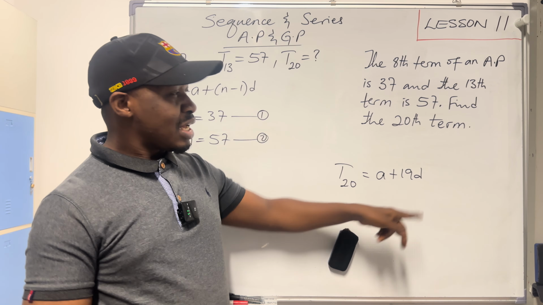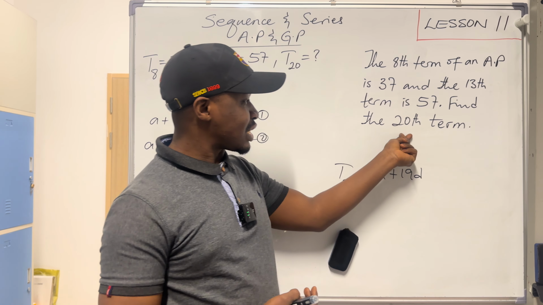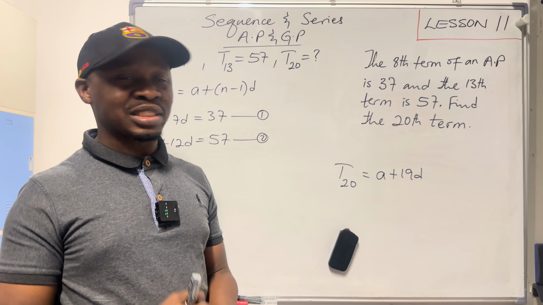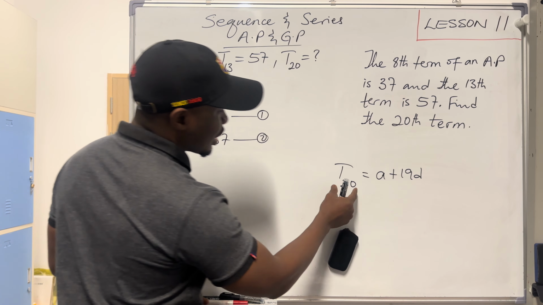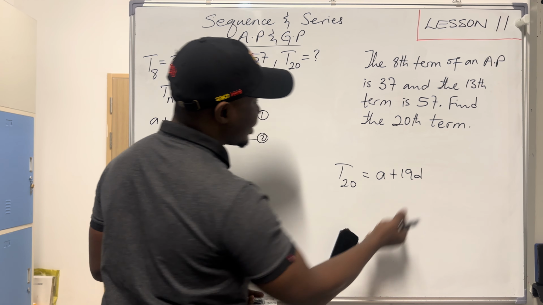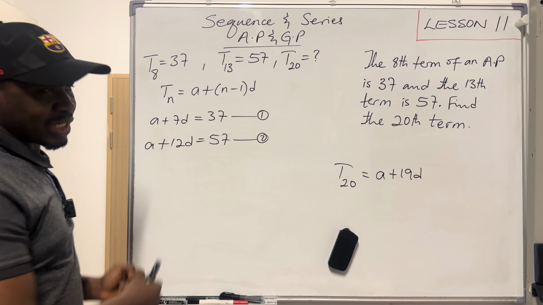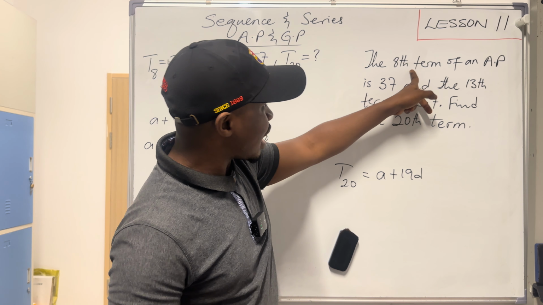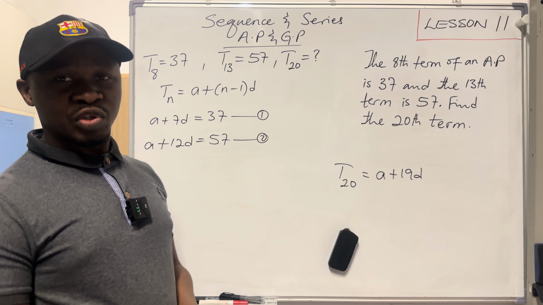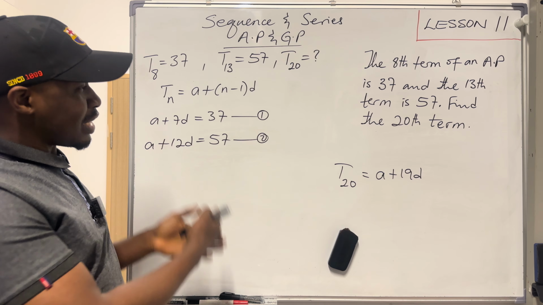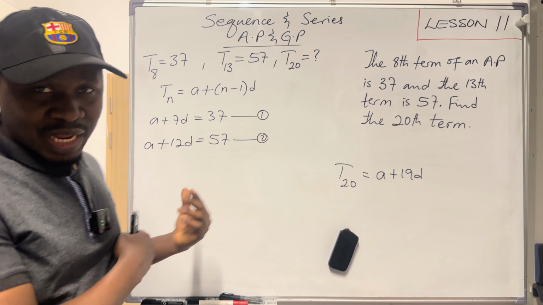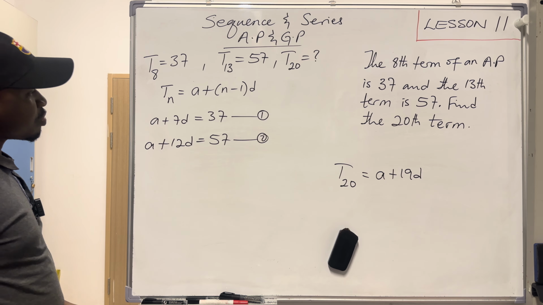But the question wants the actual 20th term, and we cannot get it without knowing a and d. So the reason we are given the 8th term as 37 and the 13th term as 57 is so we can get a and d, which we can later use to get our 20th term. That is the procedure we are following.